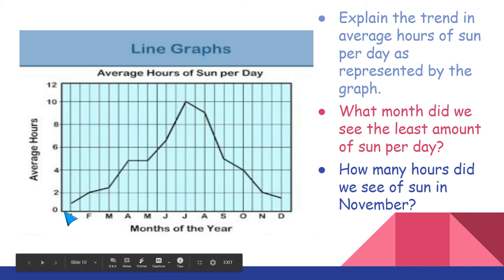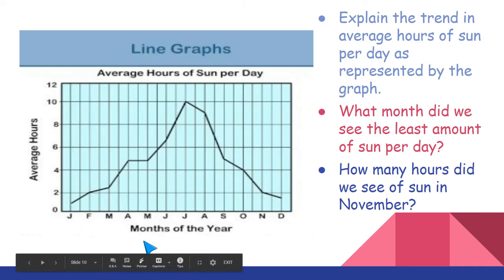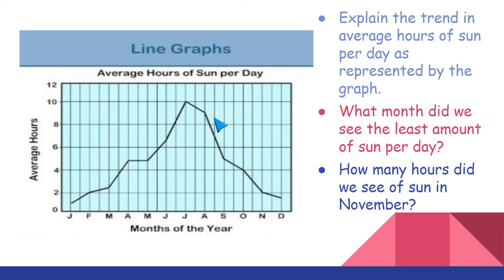So what I notice is in the winter months, which would be December, January, February, look how few hours of sun there are per each day. Few hours. And then the summer months, which would be June, July, August, look how many hours of sun there are. So what I see is that in the winter, there is very few hours of sun per day.